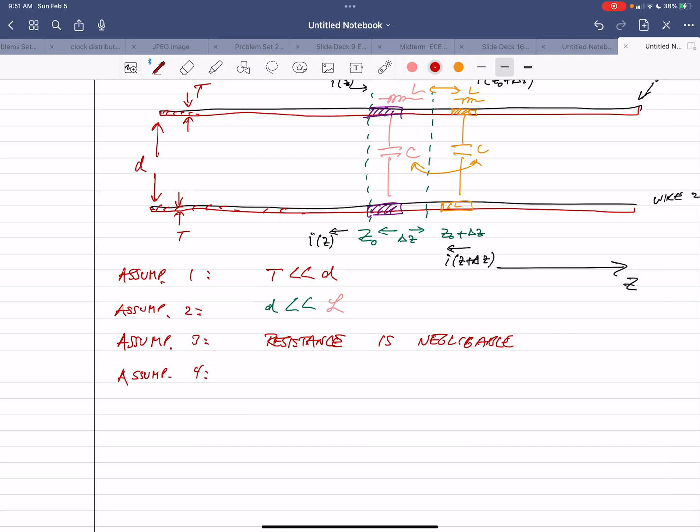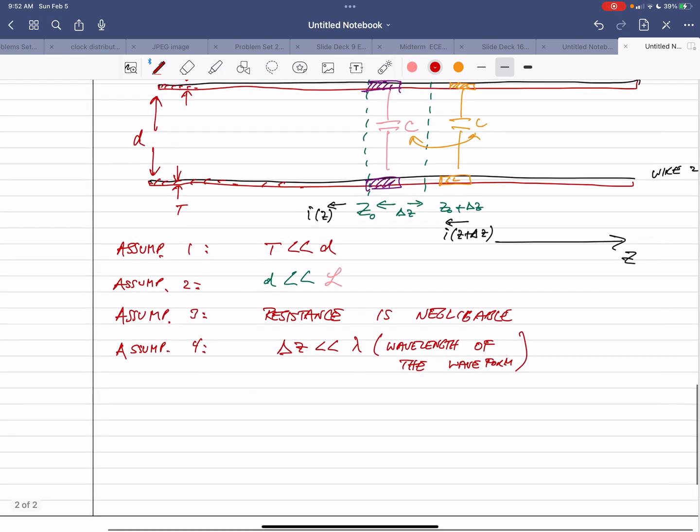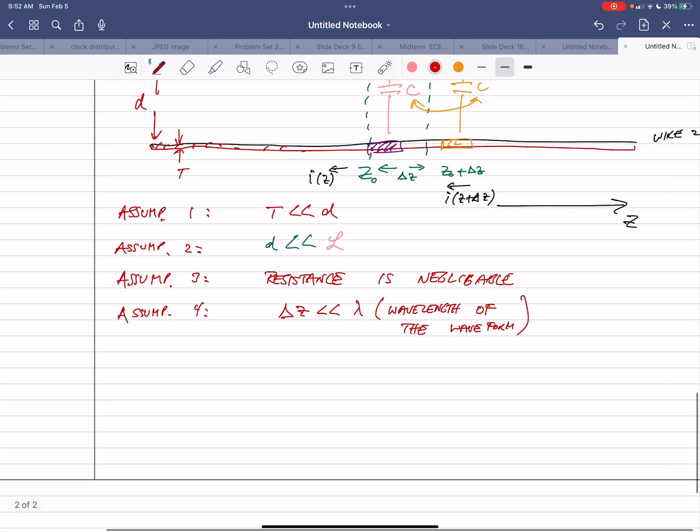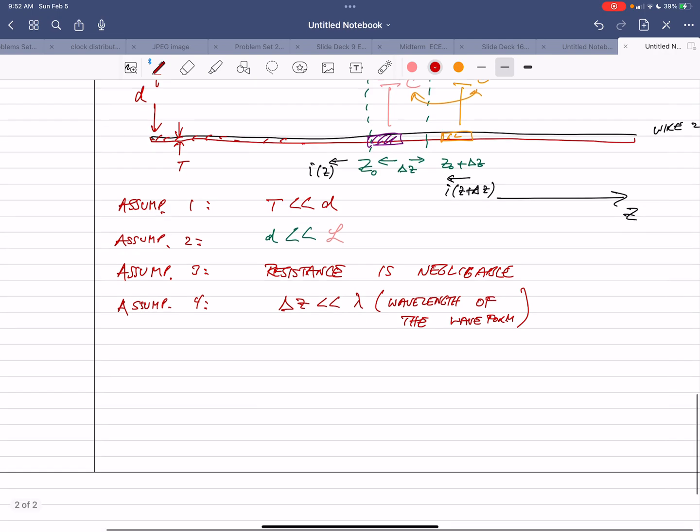Assumption 4: the separation delta Z between these two spots is going to be much shorter than lambda, which is the wavelength of the waveform. So what does the wavelength of the waveform mean?